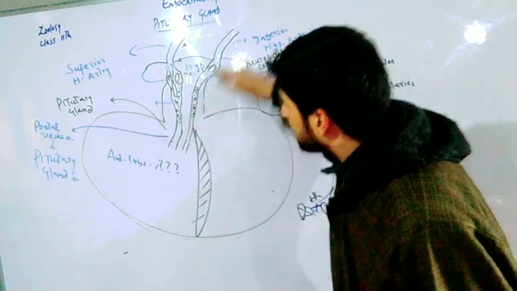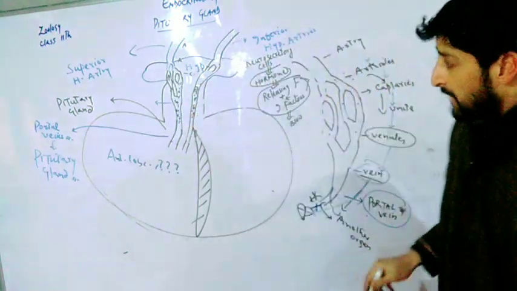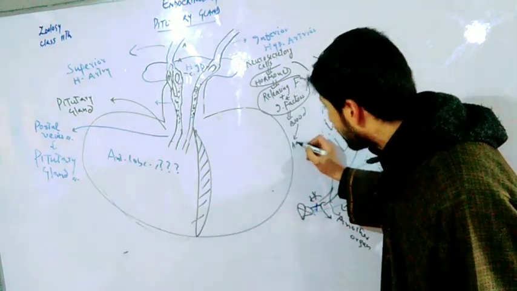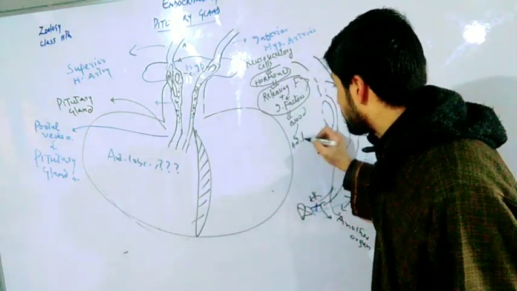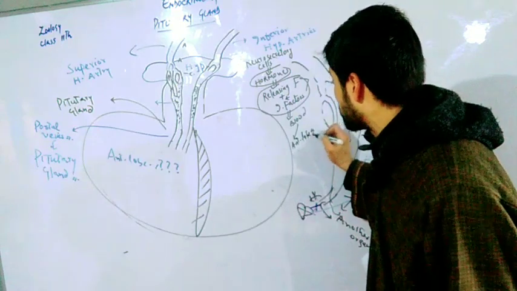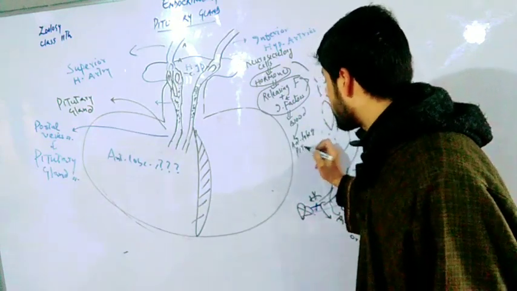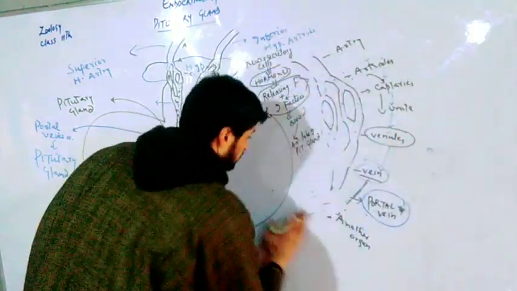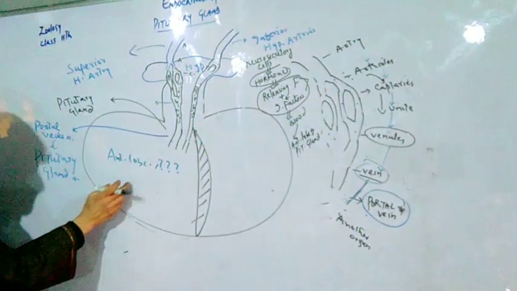These hormones are drained into the blood, and blood takes these hormones to the anterior lobe of the pituitary gland.